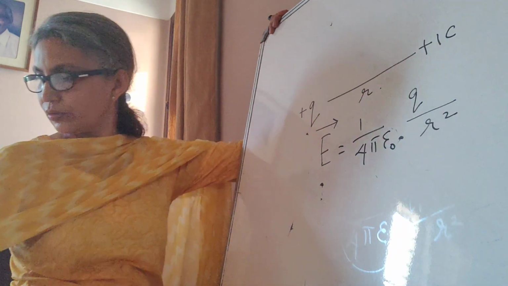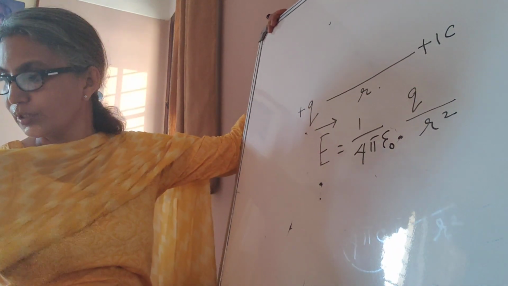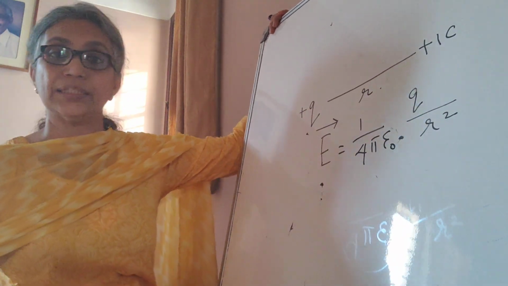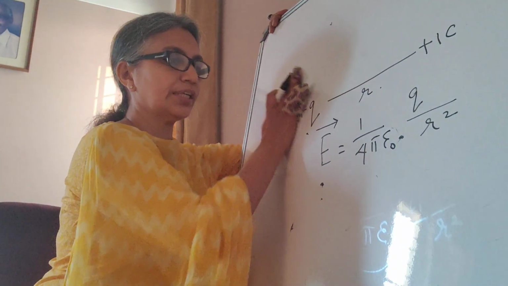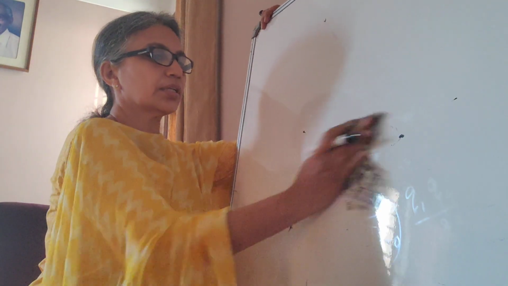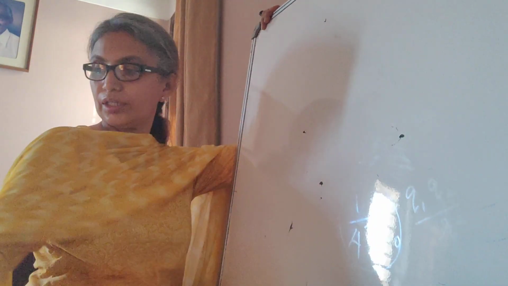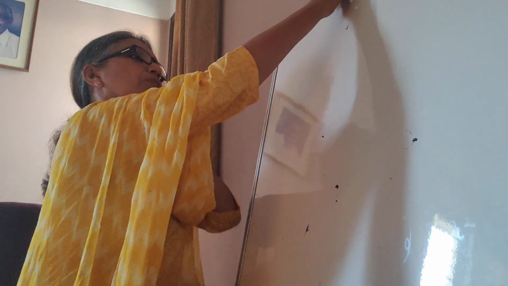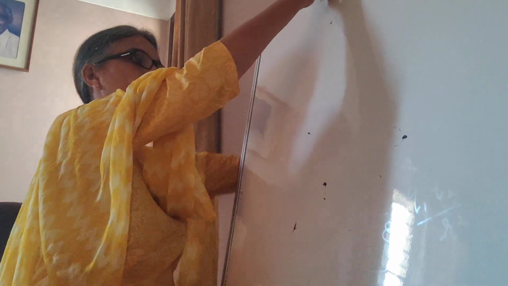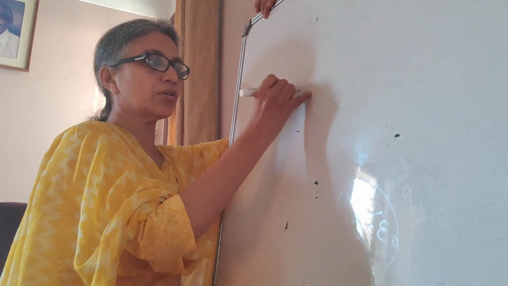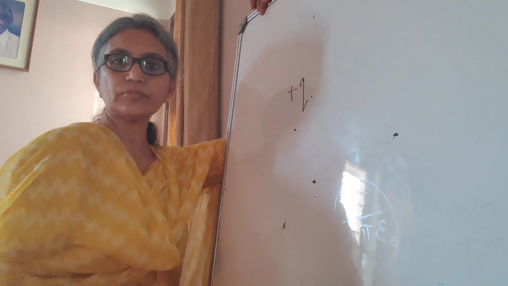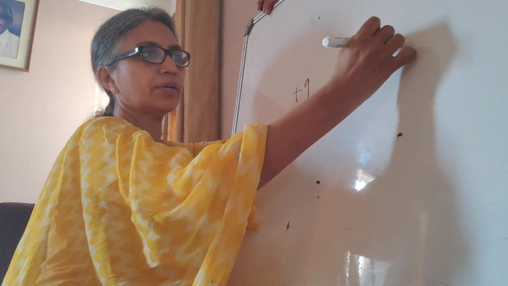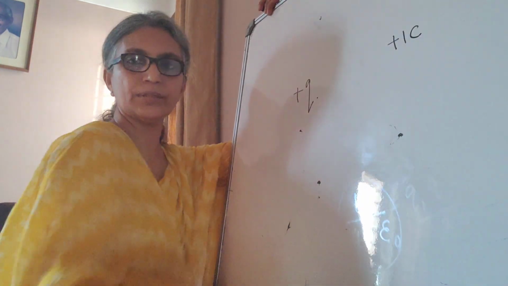If you turn over the page, you will see that the next thing we are talking about is electric field lines. Let's say we have a positive Q as our source charge, and like before I'm going to keep a plus 1 Coulomb here.